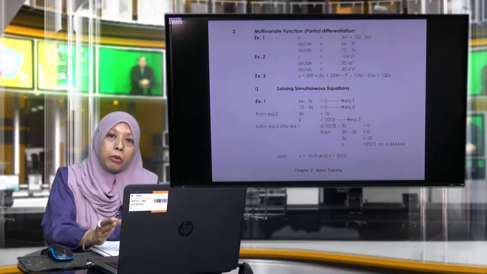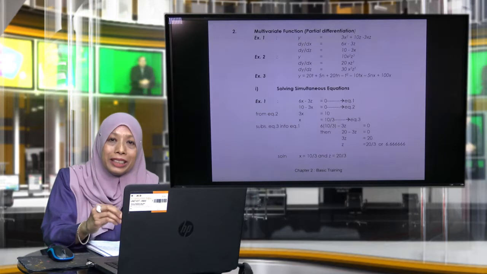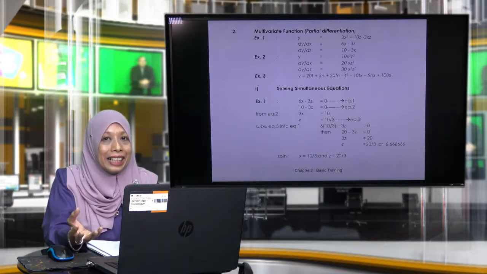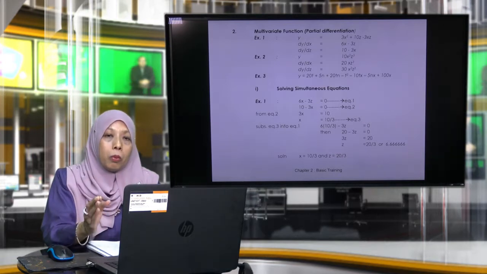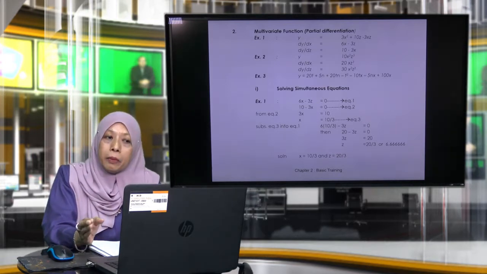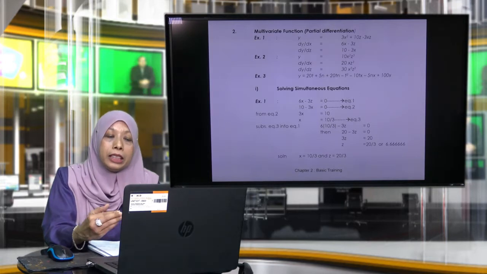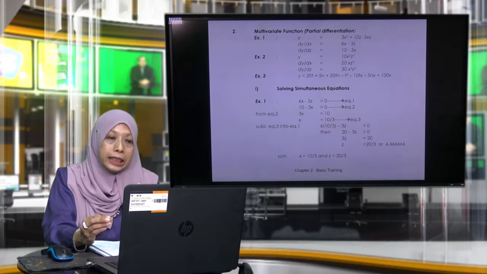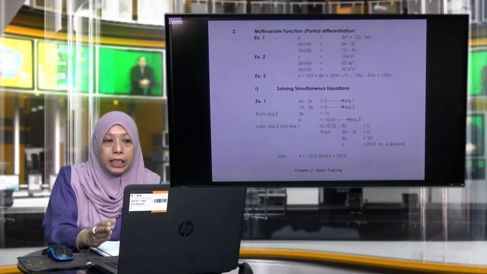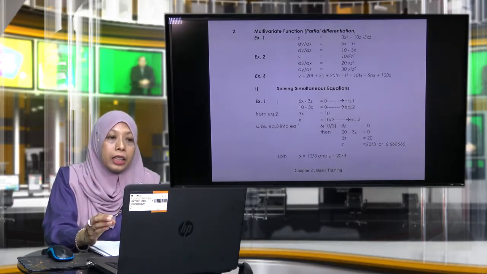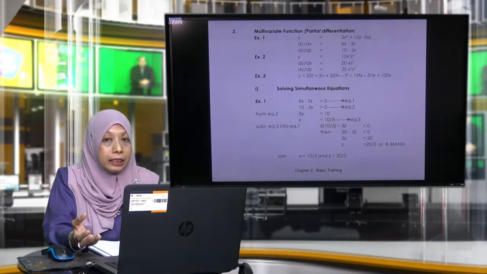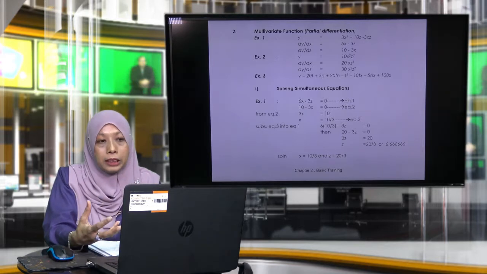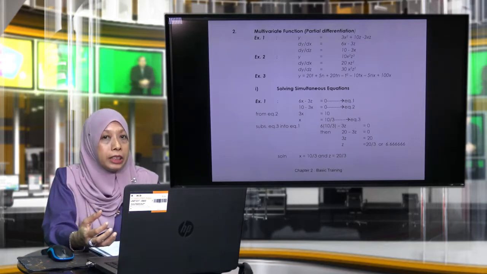When you want to find dy dx, you have to assume the other variable, in this case z, as a constant or a number. Once you are done with that, you proceed with differentiating the same function, but this time with respect to z. When you differentiate with respect to z, you have to assume the other variable, in this case x, as a constant. This process is what we call partial differentiation.